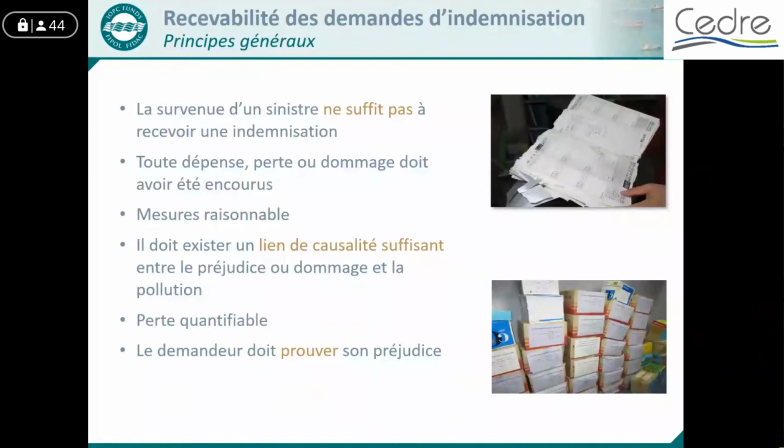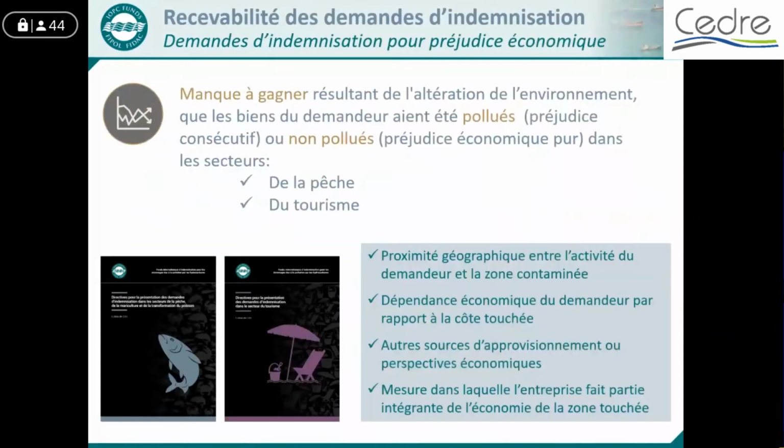And that means providing lots of documentation to prove your loss, because we know there's always a risk of people who are going to try and take advantage of the situation and try and obtain some of the monies that don't really correspond to losses for them.